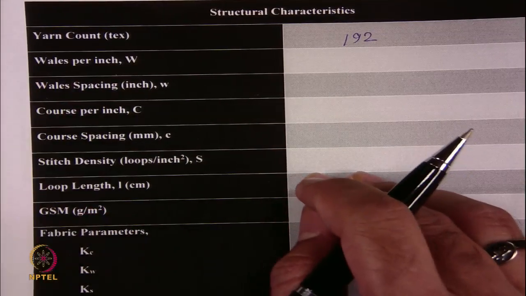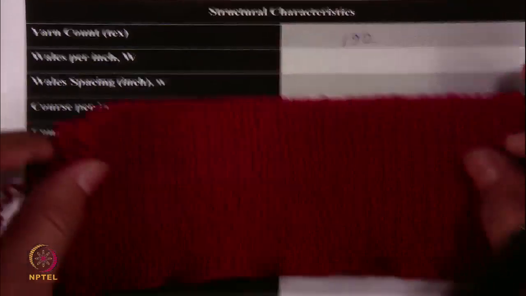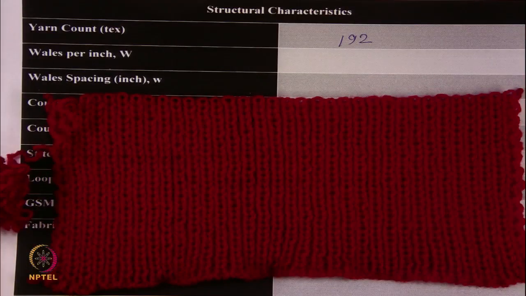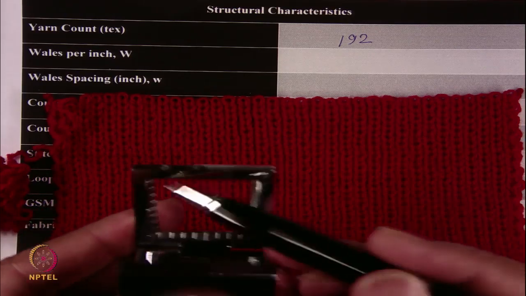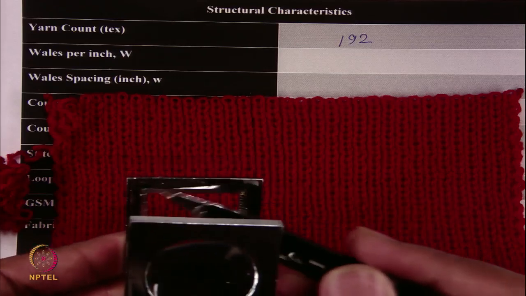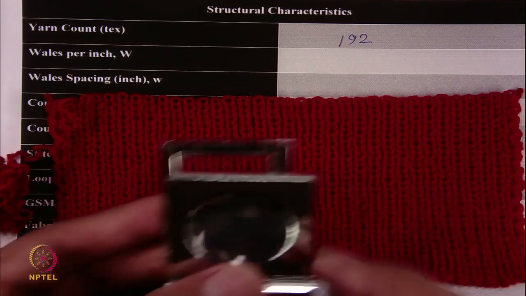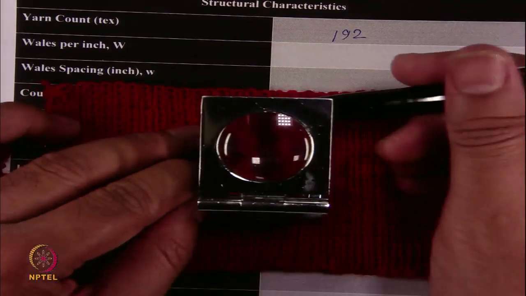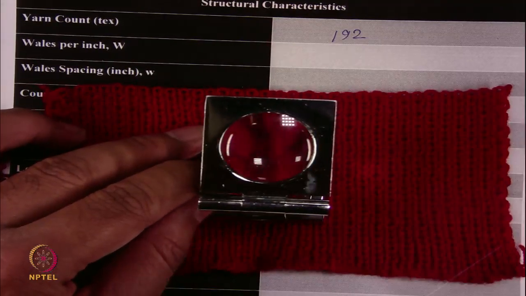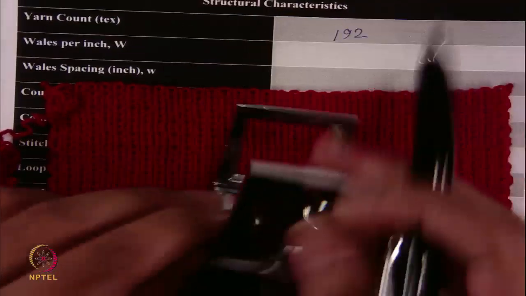For wales per inch, you can put the fabric under the pick glass. In the pick glass, this is 1 inch, and you can count how many loops are visible in that particular length.